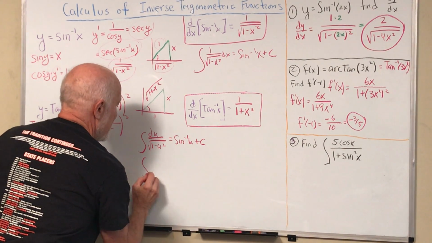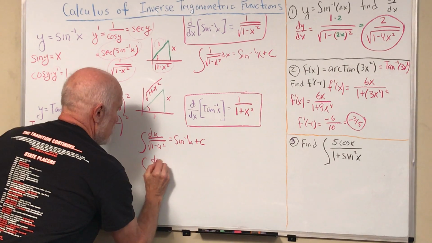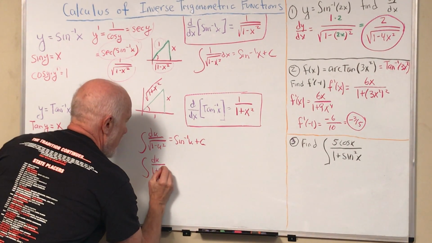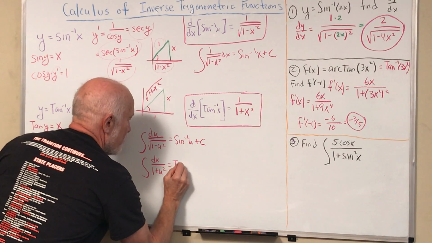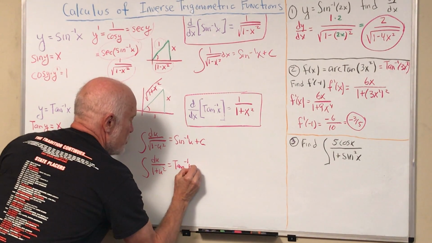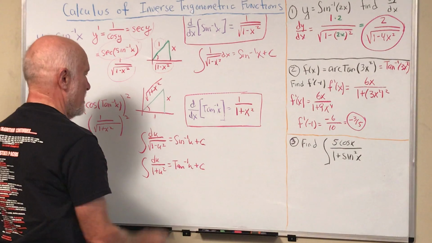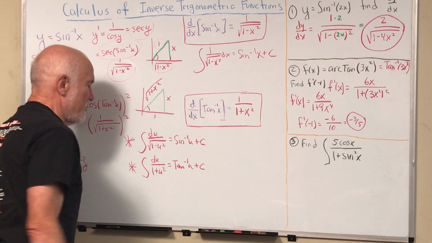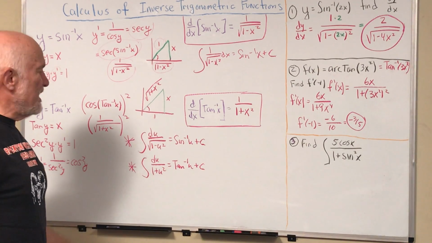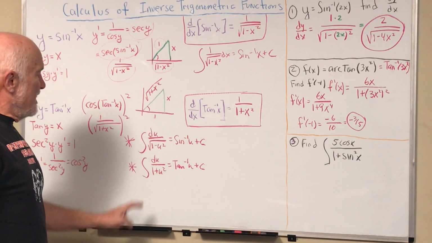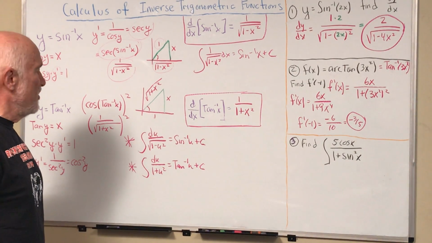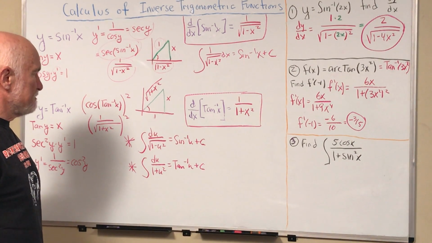And we have the integral du over 1 plus u squared is the inverse tangent of u plus c. These are the most important thing that we've learned today, because these two forms are not unusual that you might get an integral that looks like them.